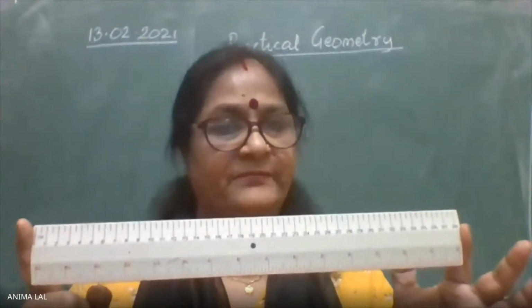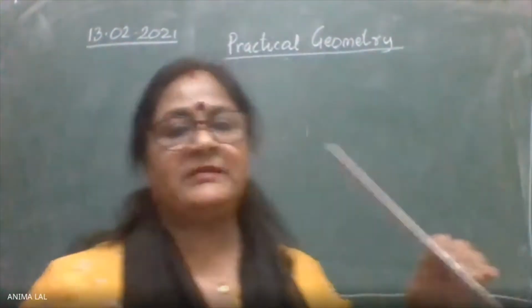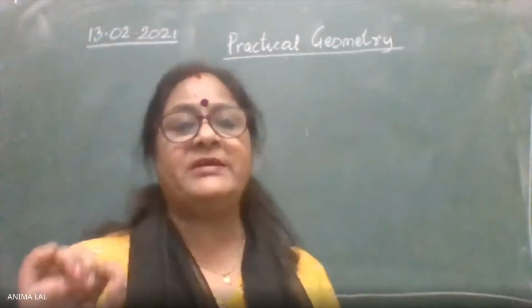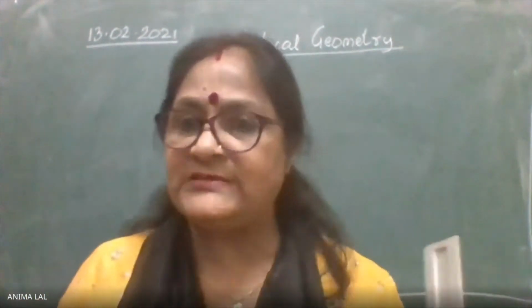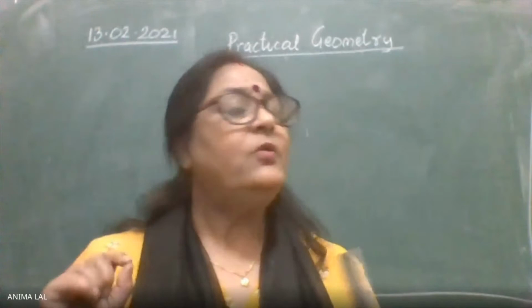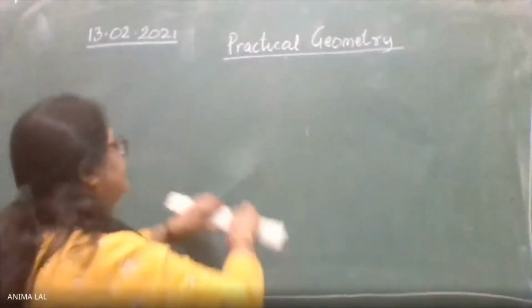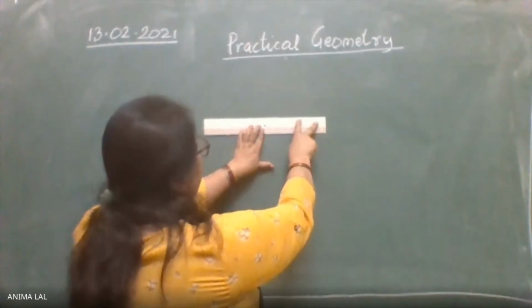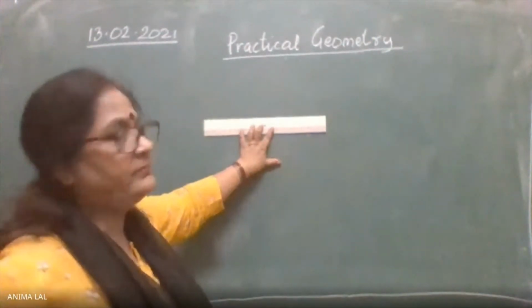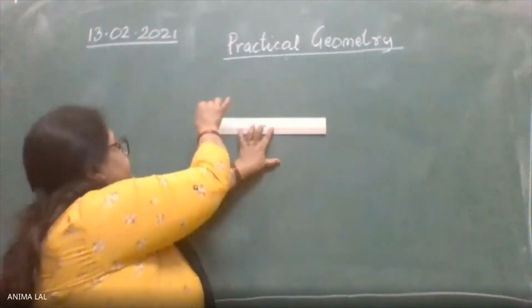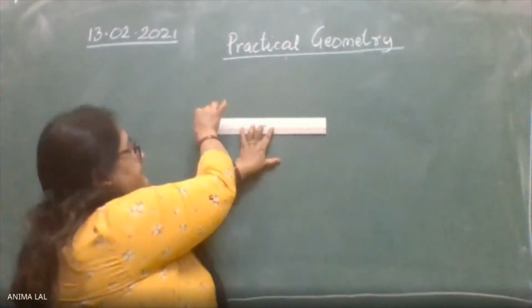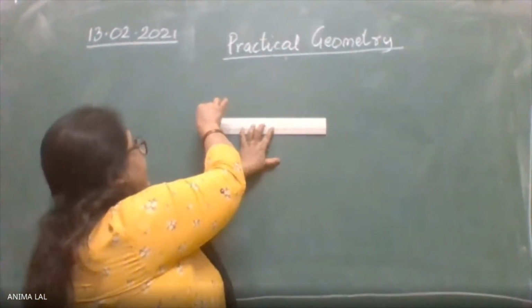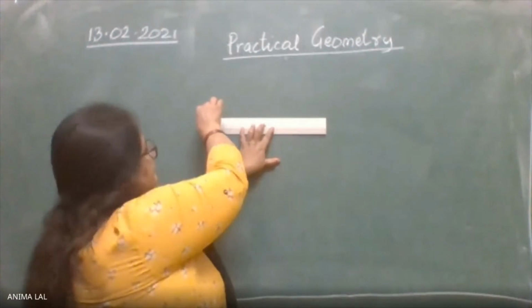Now, when we draw the line segment, whatever the measurement is, we will first place the ruler on your page. Put the tip of the pencil perpendicular to the page, and the tip should also be touching the edge of your ruler.